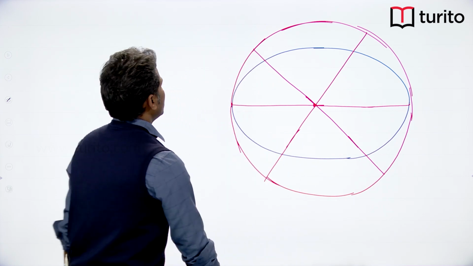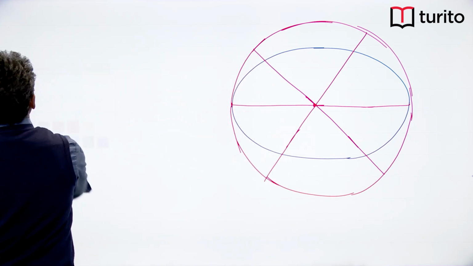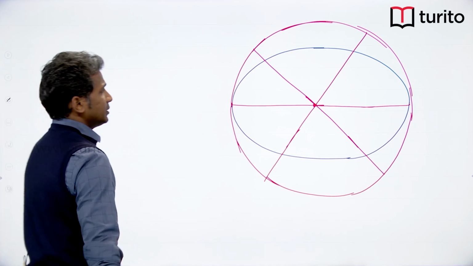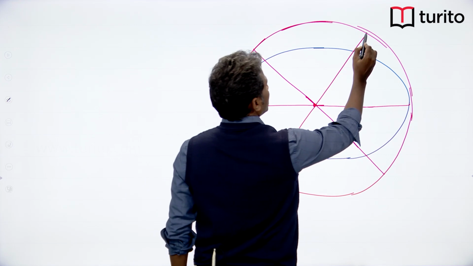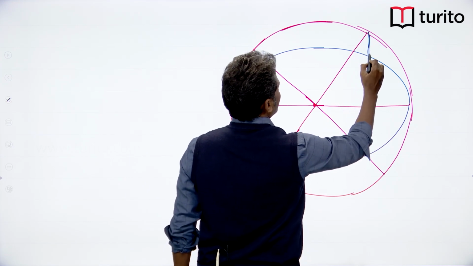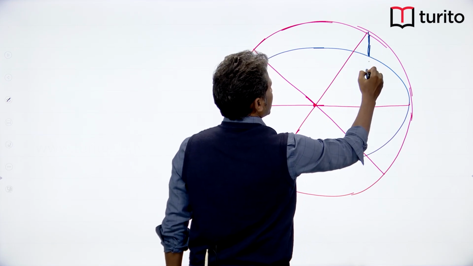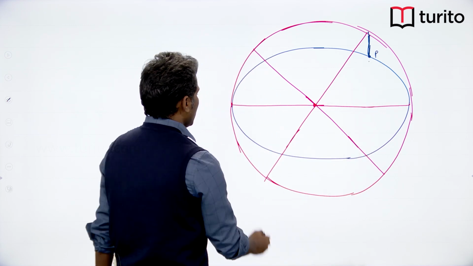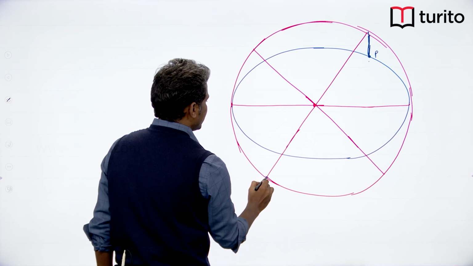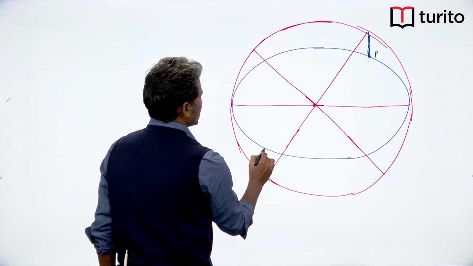Okay. Now corresponding to the points on the eccentric circle or auxiliary circle, if we drop these ordinates, we will get a point here, P, and corresponding to this, if we drop one, we will get one corresponding point.